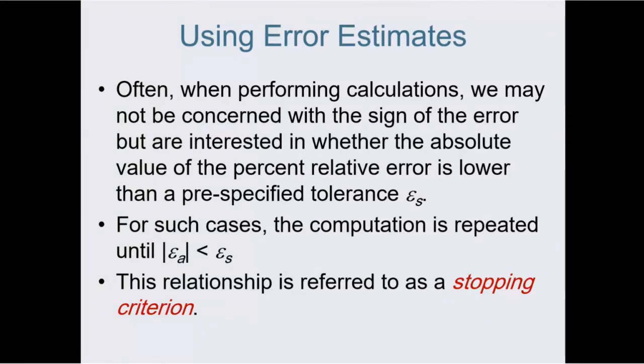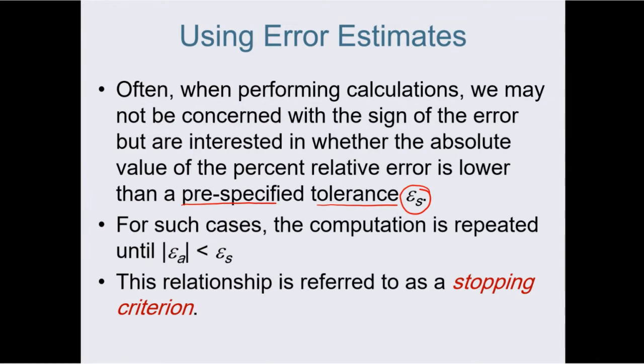When dealing with errors, we try to repeat our calculations until we reach a certain pre-specified tolerance. Tolerance means the error that you can accept. We define that as epsilon s, where s means the stopping criteria.